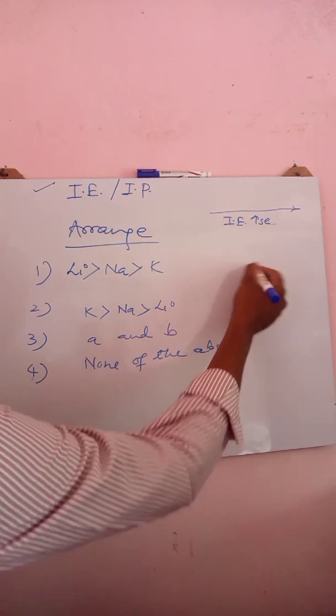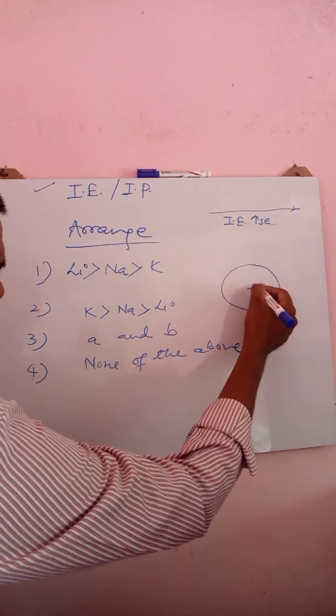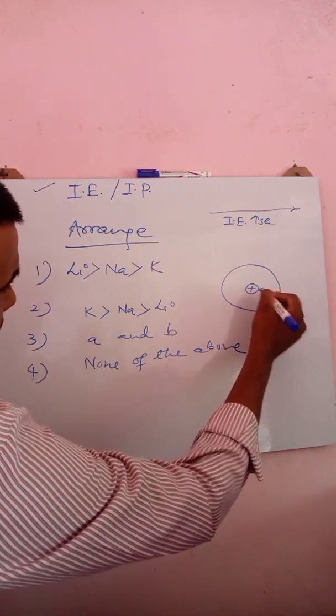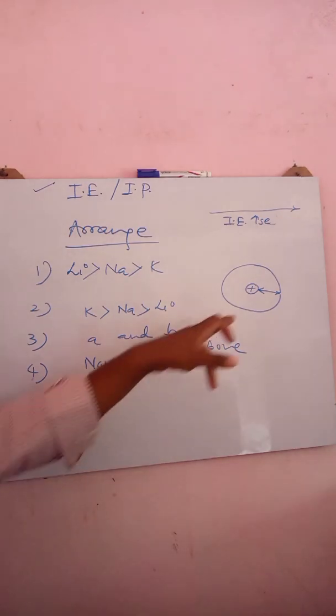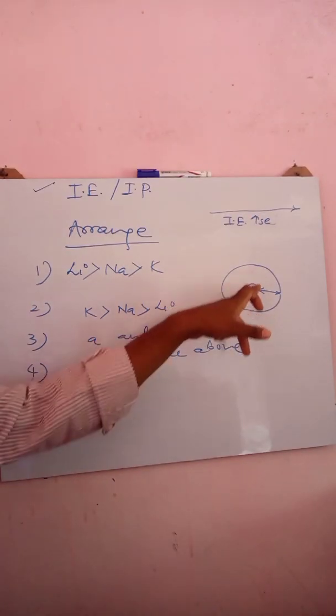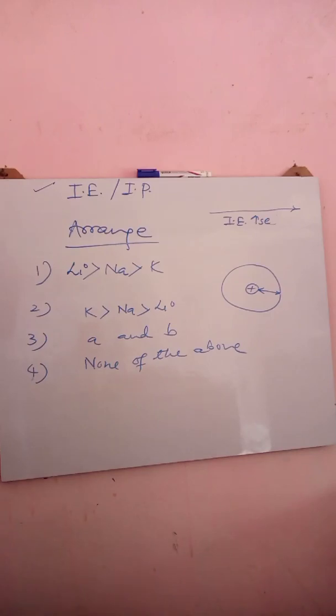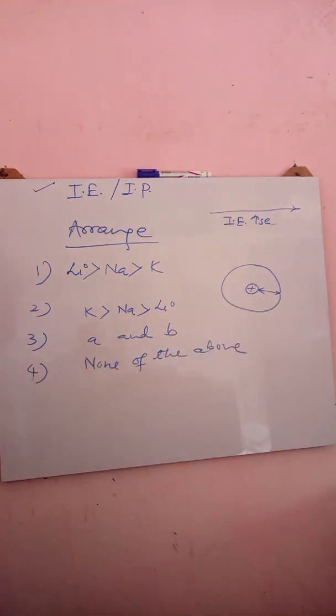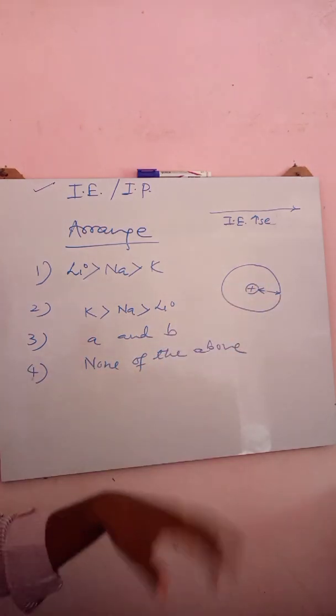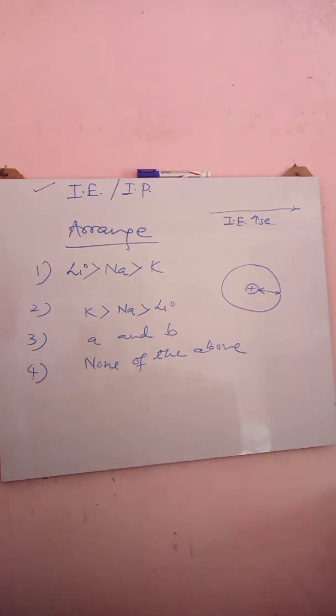When the size is small, the distance between the nucleus and the outermost shell is less. It means the force of attraction generated by the nucleus over the electron will be strong due to the smaller distance. So the electron will be held strongly, and more energy will be required to release it from the outermost shell.